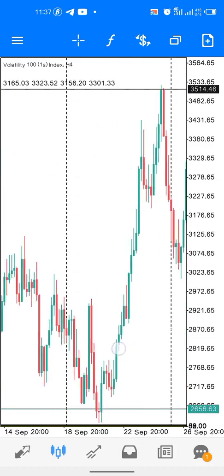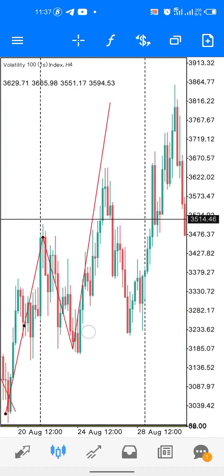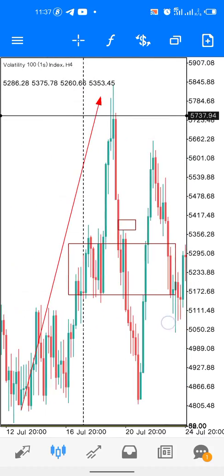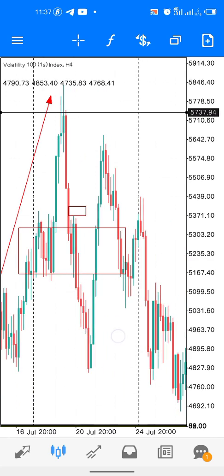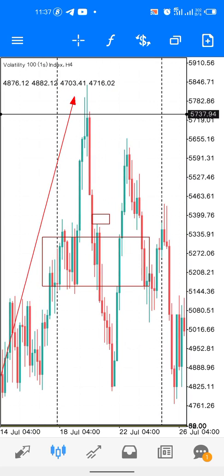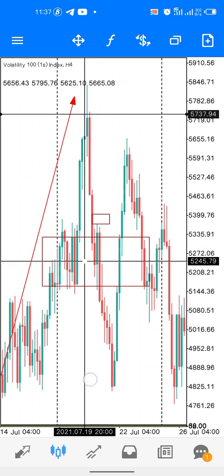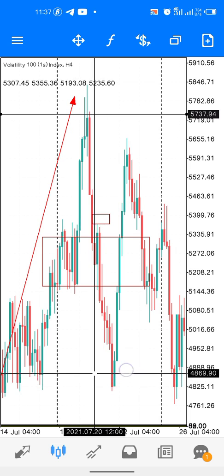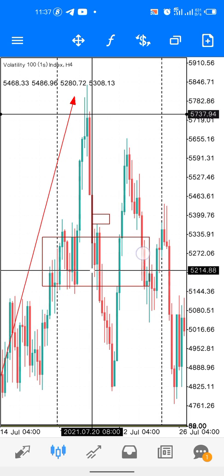So now, as you can see, instead of going here, see what price did. Price bounced on this order block at this point, it came back again, and bounced on this other order block at this point, then reversed back.